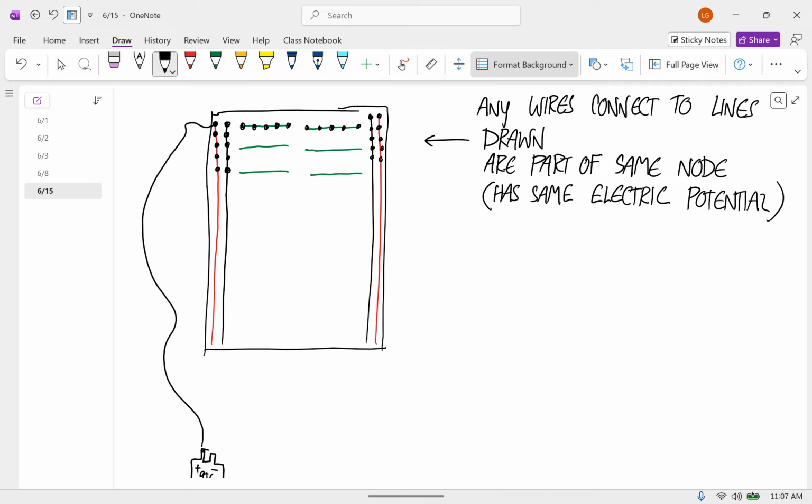These vertical ones are called the power rails. The red one is what I'm connecting to my positive power. The black one I'm connecting to my negative power of my battery. It doesn't matter which one you connect.